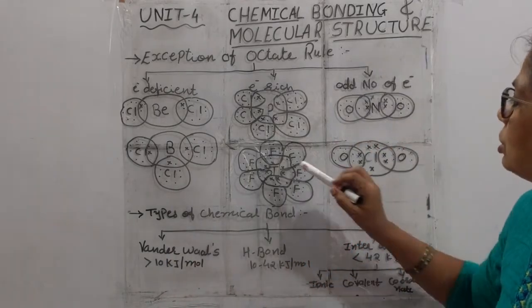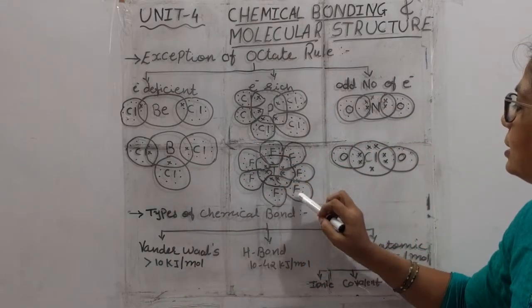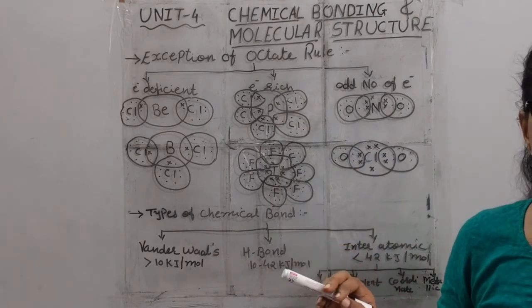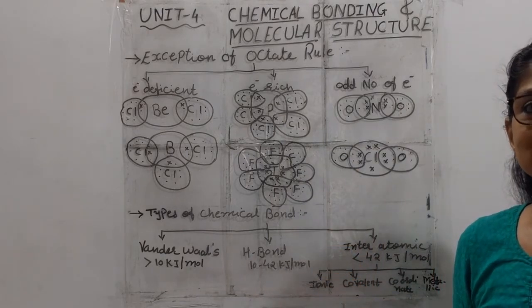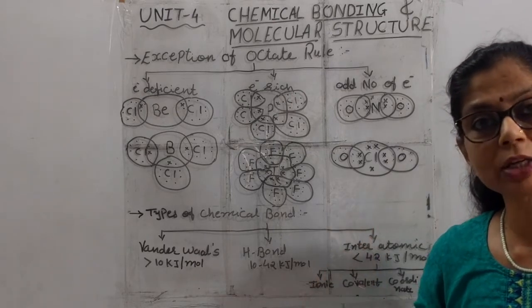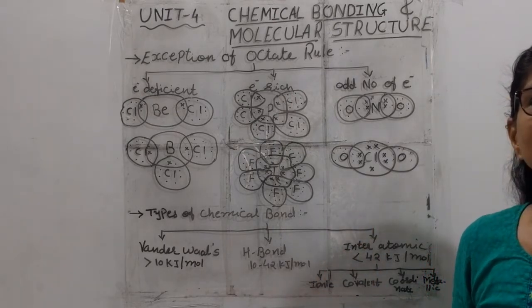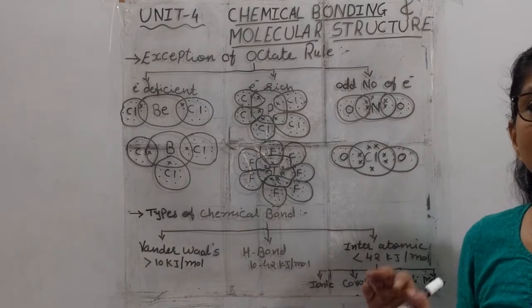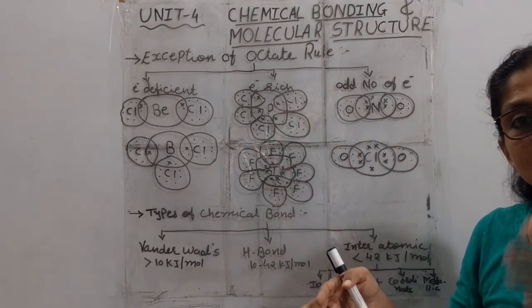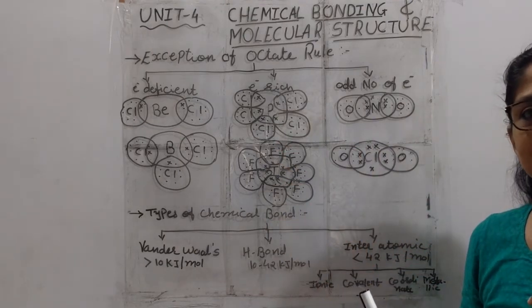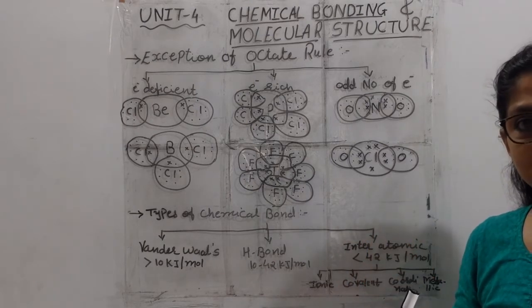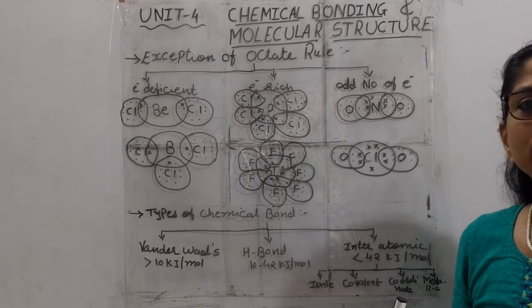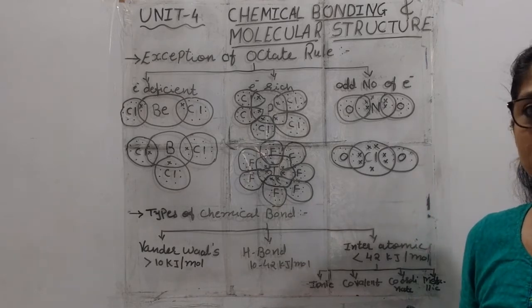So you can see, student, each fluorine is following the octet rule, but iodine has 7 electrons of its own, and 1 electron from each of the 7 fluorines. So 7 electrons of iodine itself and 1 electron from each fluorine.